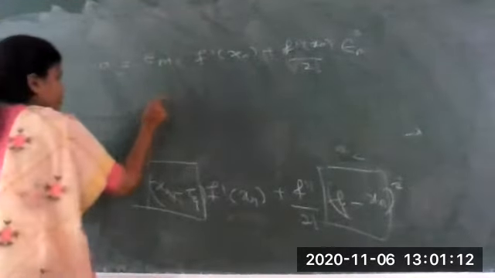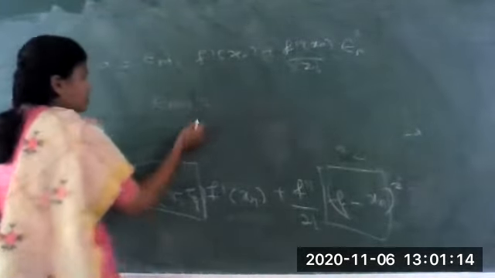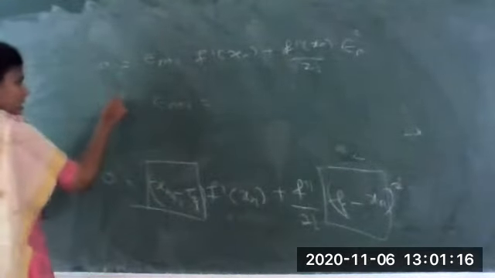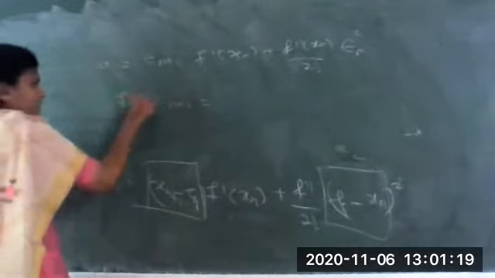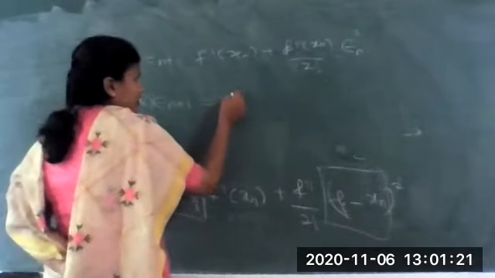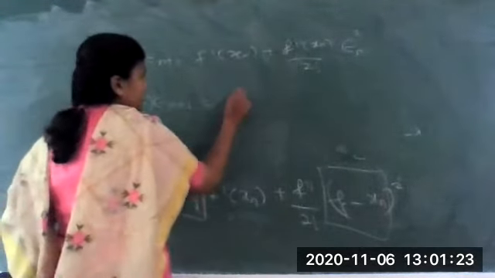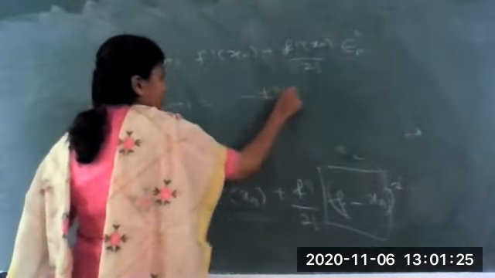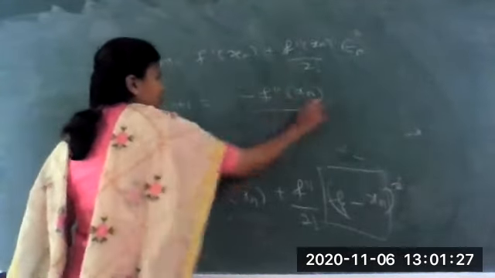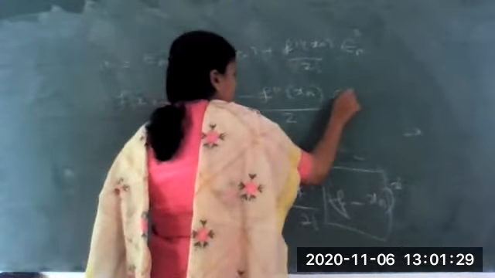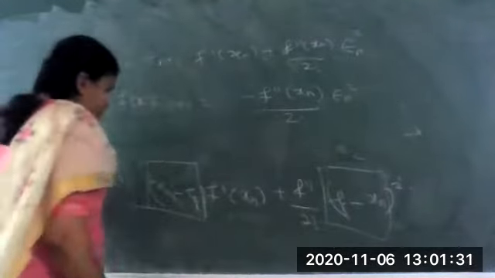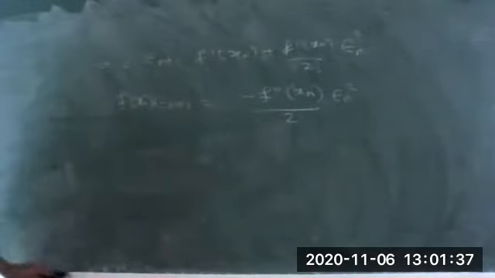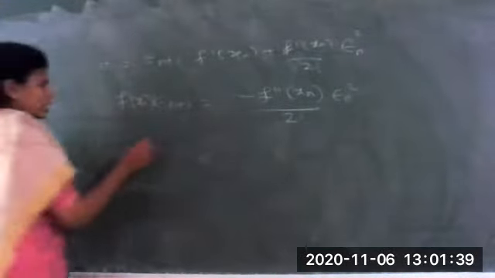Now let me write down epsilon n plus 1. Here it will be f dash of xn; if it is on the left hand side, it will be with the negative sign, f double dash of xn divided by 2 factorial into epsilon n square. If you remember the definition, we are getting a term epsilon k plus 1 equal to c into epsilon k raised to p.